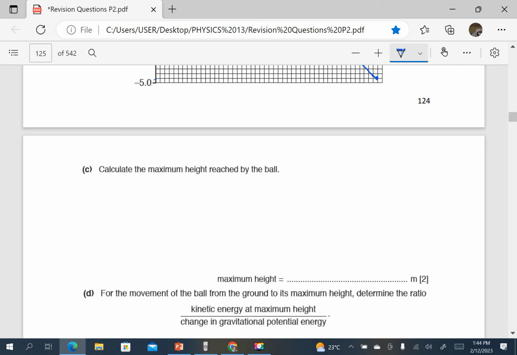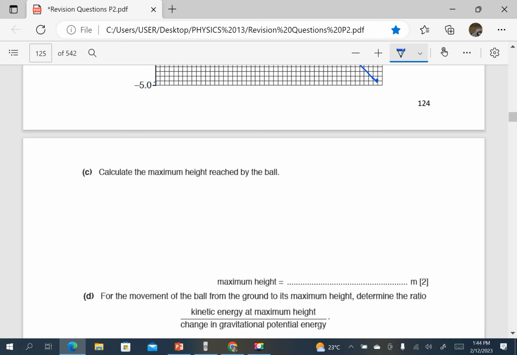Calculate the maximum height reached by the ball. I can use several methods because for maximum height there are so many methods to use. If I consider v squared equals u squared plus 2as, I'm considering vertical motion.